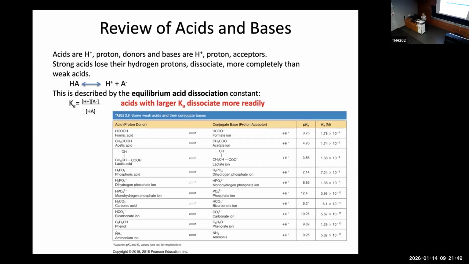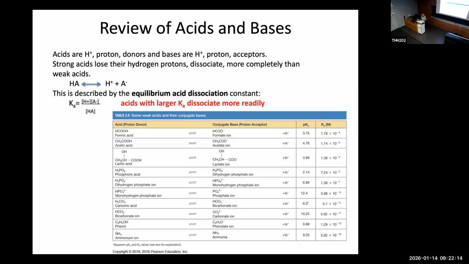So stronger acids will be those that have a higher concentration of just free protons at equilibrium. Okay. And you can look at charts of acids and their acid dissociation constant, how likely those acids are to come apart. And that will tell you how strong it is.